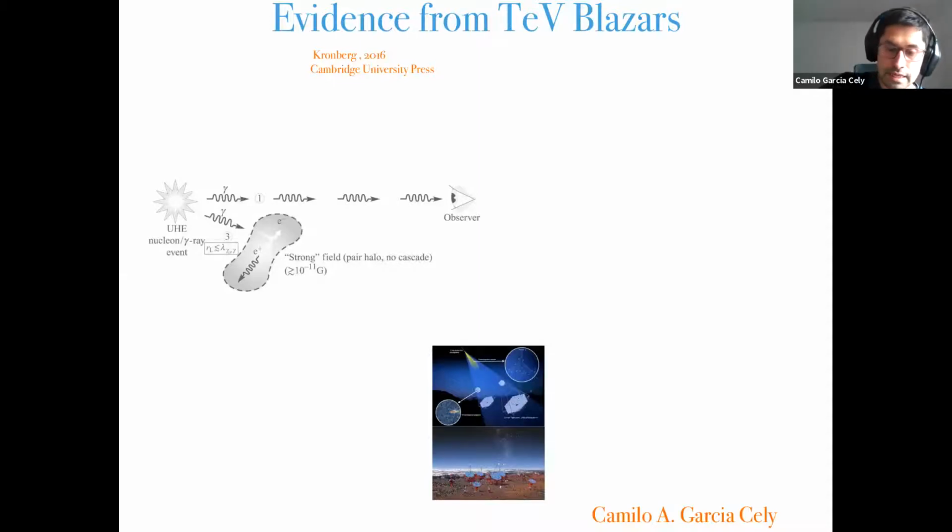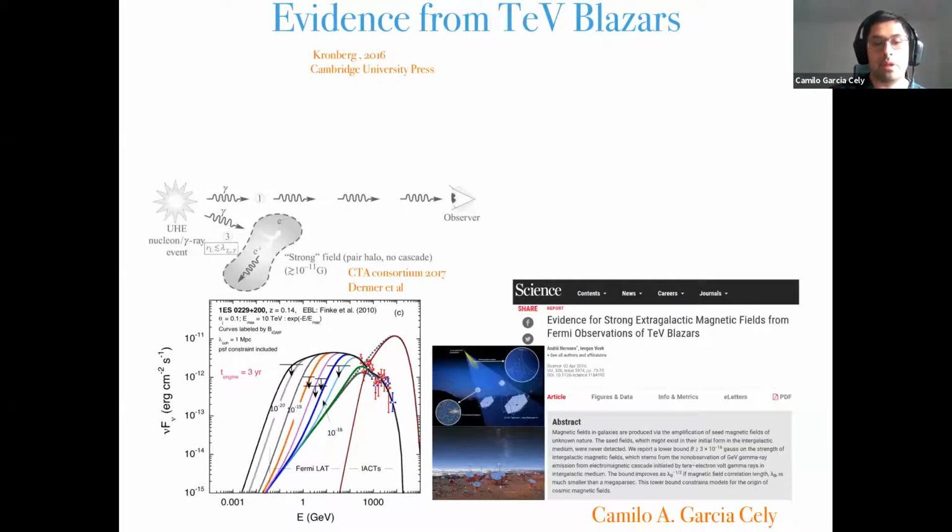In fact, because this is so important for gamma ray astronomy, people have studied what is the effect of different magnetic fields on the cascade. This is what is shown here on the left. You can see the different curves. They correspond to different magnetic fields.